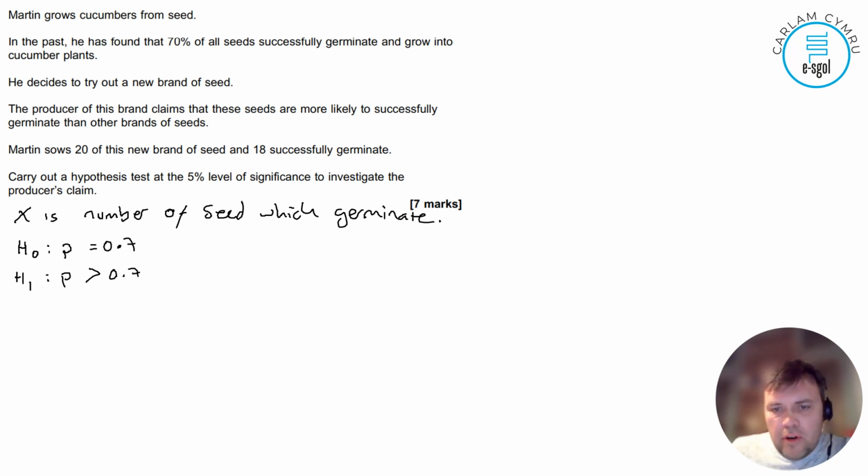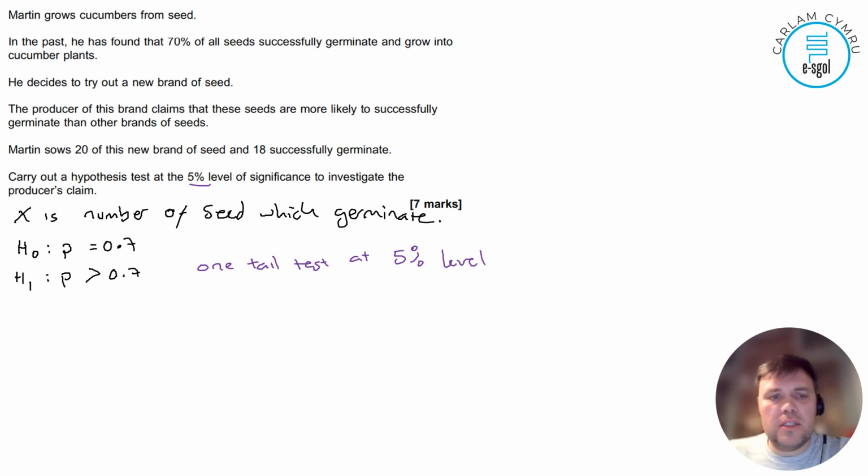So I am going to write in a different color. Because it is this inequality, this is a one-tailed test, and it's at the 5% level. This is just for me in purple. You don't need to see that, but it gives me an idea of what I'm looking at. So if it's less than 5%, I'm going to be rejecting H0.